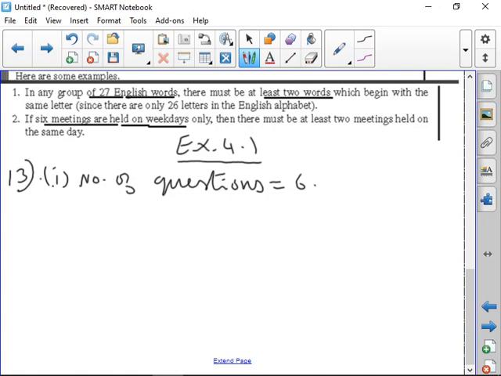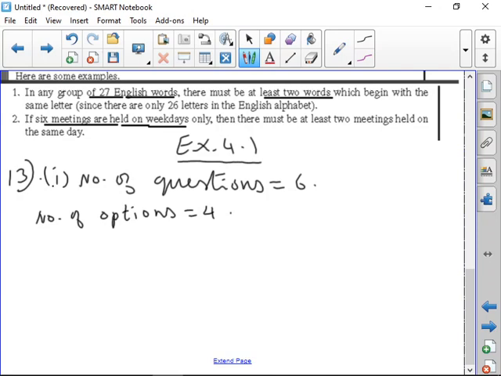So, it's an objective type question. So, number of options will be 4. Usually there will be 4 options. Okay. So, what is asked? Count the total number of ways of answering 6 questions.